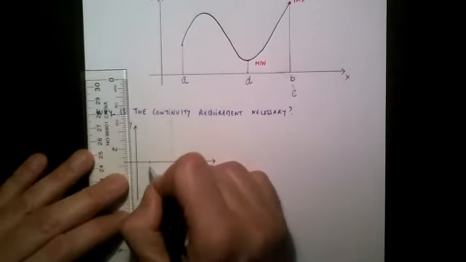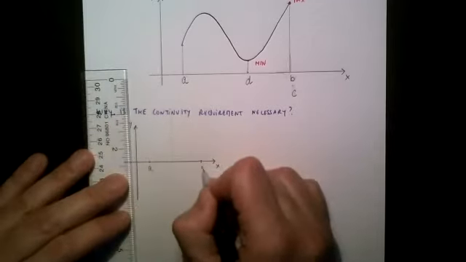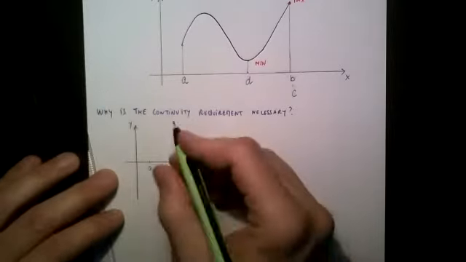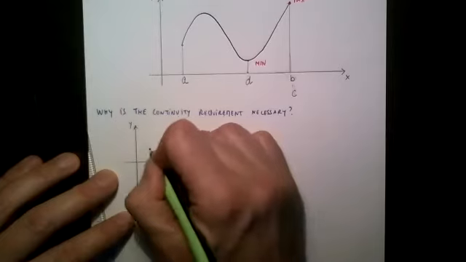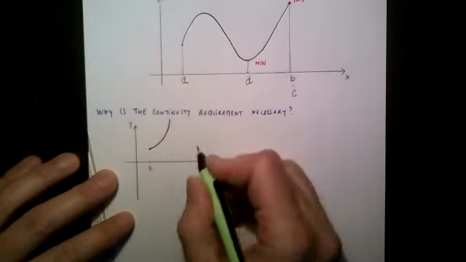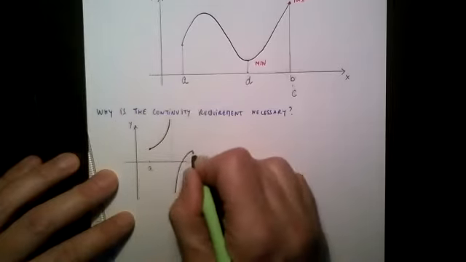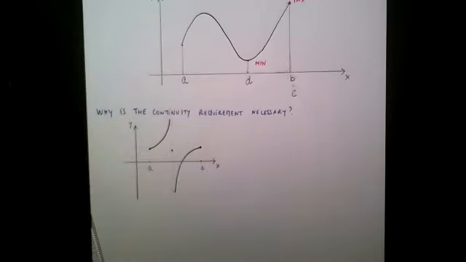Okay, so let's say interval A, B. Let's say I have in the middle an asymptote. For example, here's an example where it goes like this, and then it goes like this. Okay, and there's the function as a value, let's say.